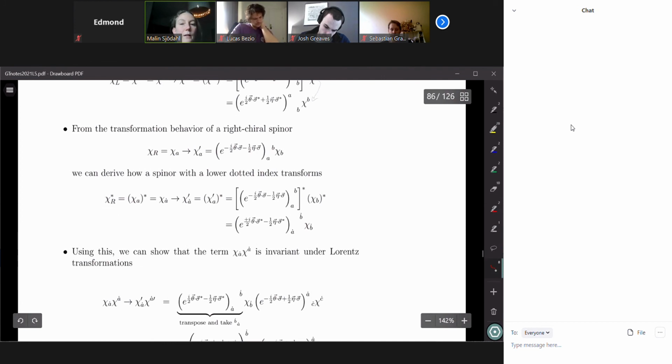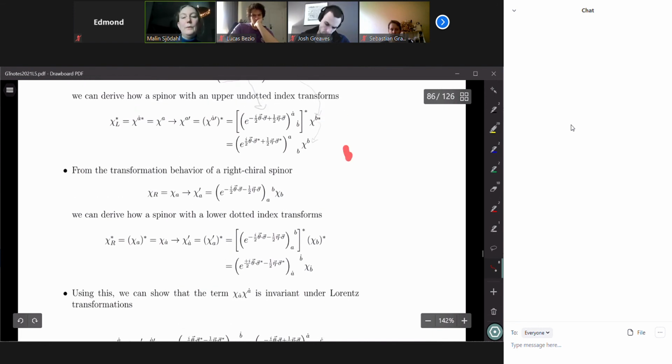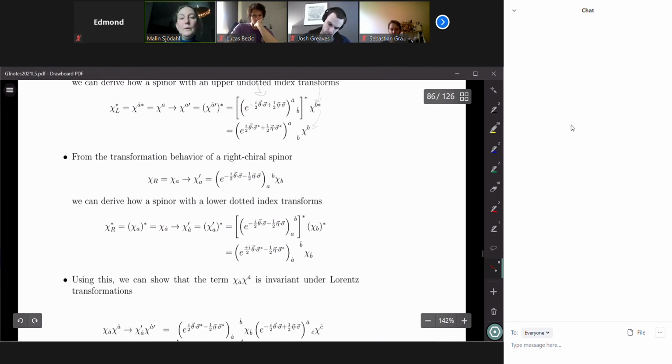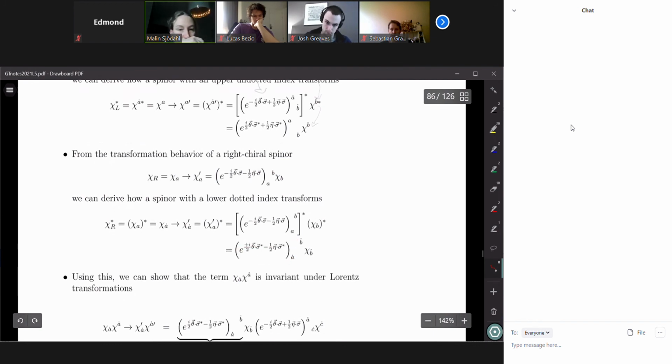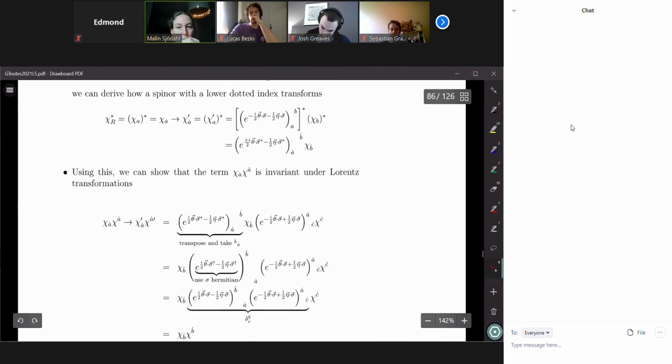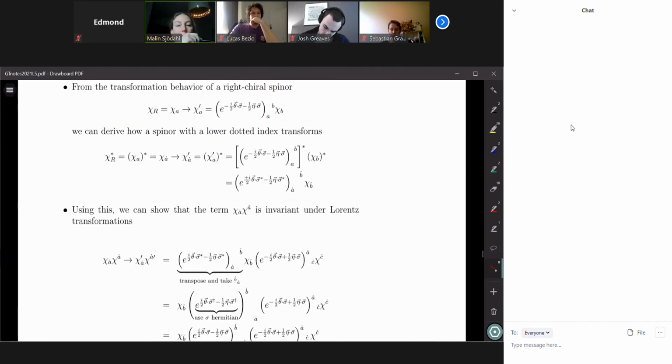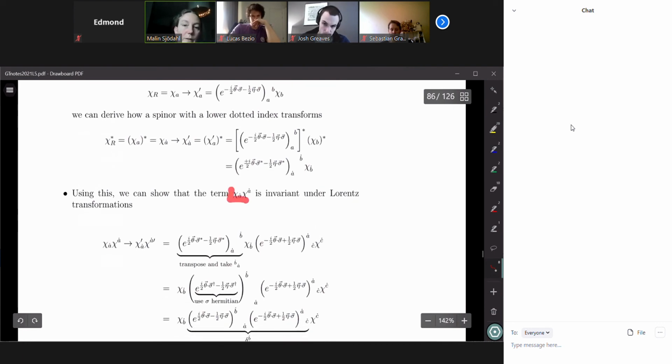Now I complex conjugate this equation, and by steps identical to up here, I receive this transformation rule. And now, when we know both how dotted lower and upper indices Lorentz transform, we know that this guy is invariant.